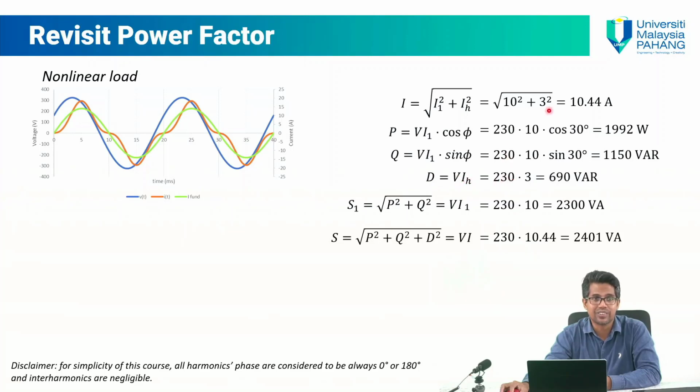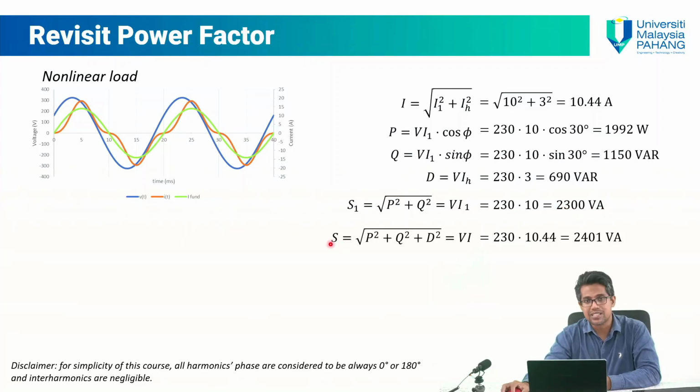Now I harmonics is only 3, so 690 VAR. Fundamental apparent power is the summation of P and Q in vector form, or you can calculate it by V I fundamental: 2300 VA.